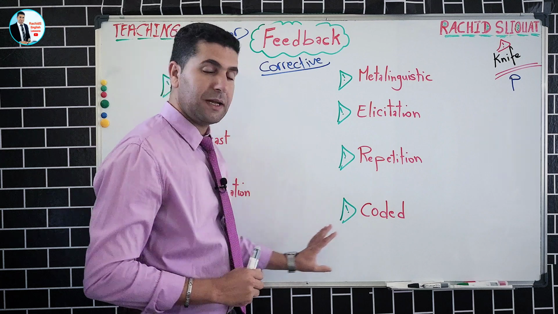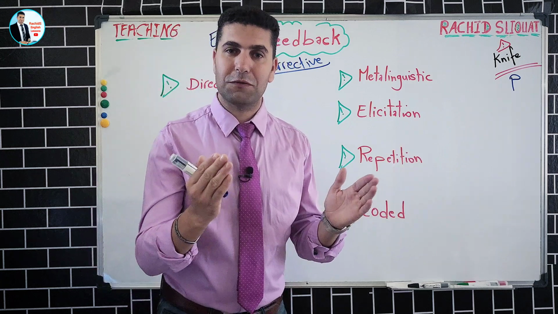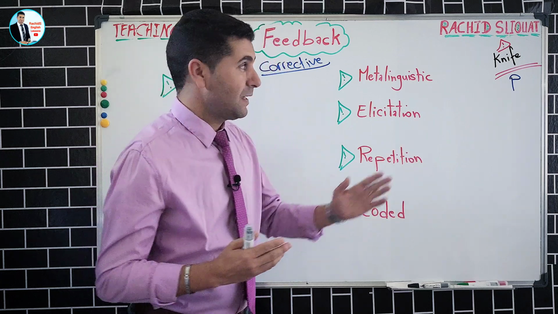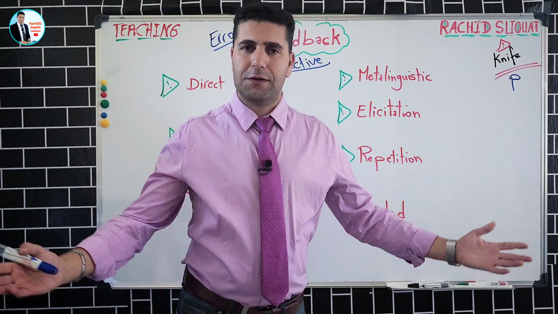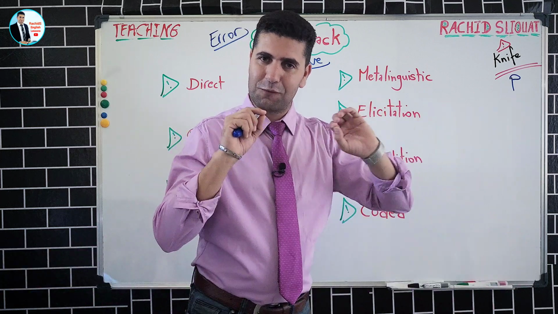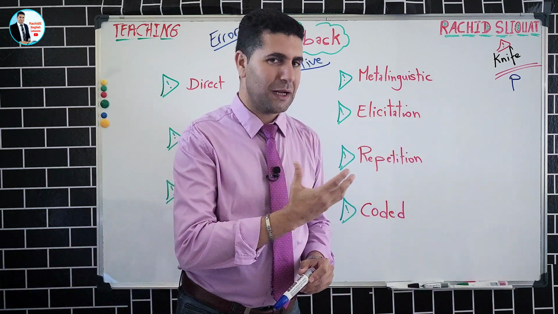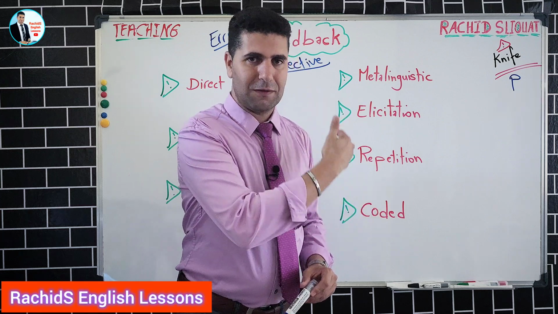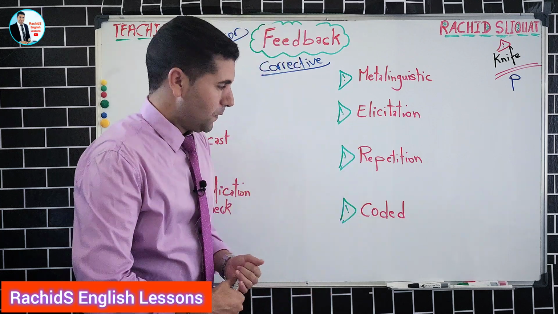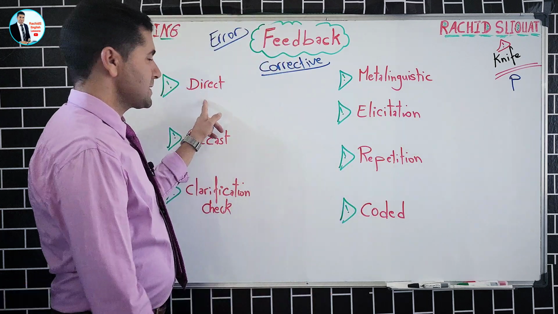Here we have different kinds of feedback that a teacher can use in order to correct this error or any other kind of errors. This is just a very simple example that we are going to refer to in order to explain. Let's start with number one, which is direct.